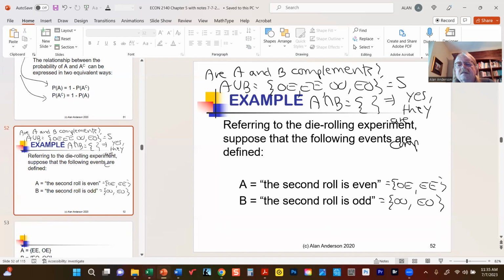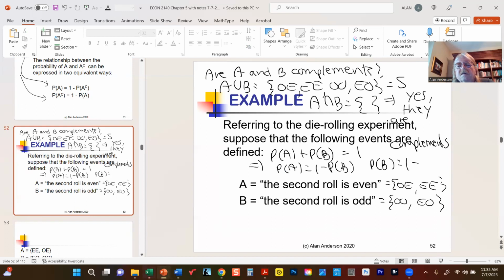which implies that the sum equals 1. So these are all true as a consequence.